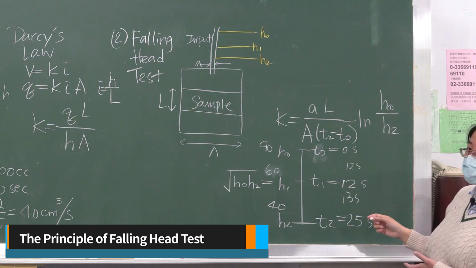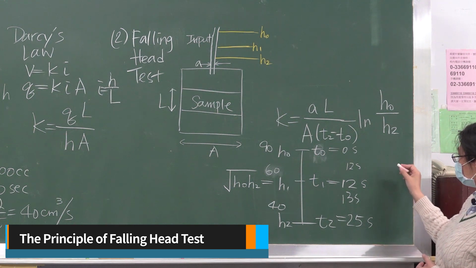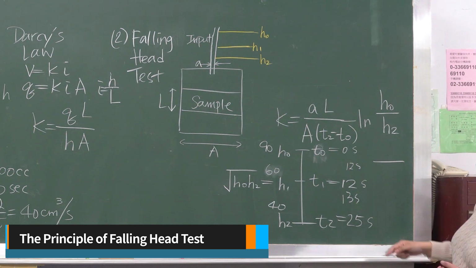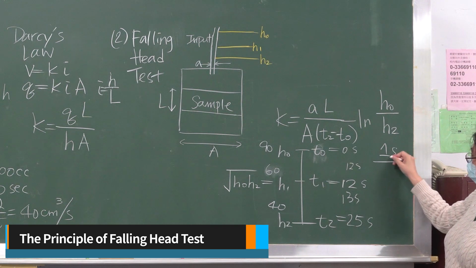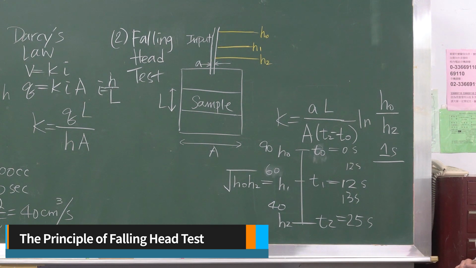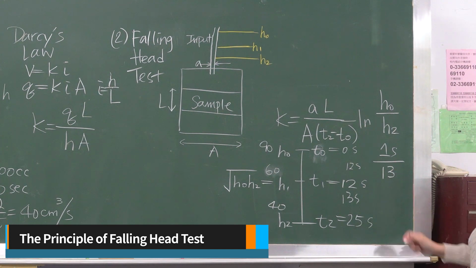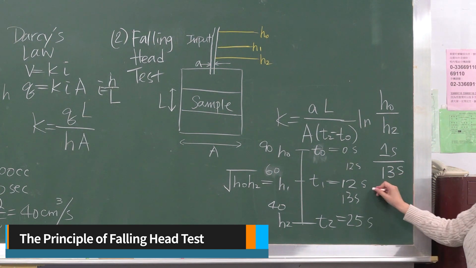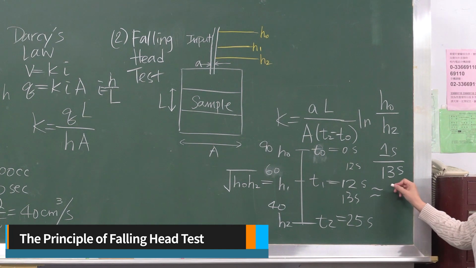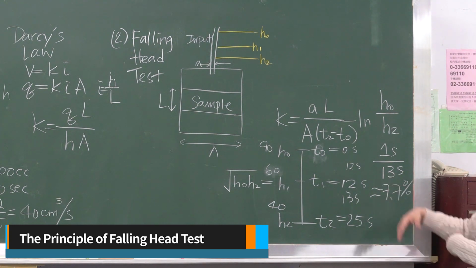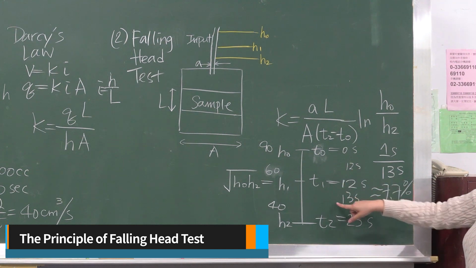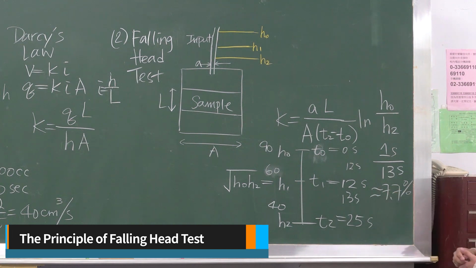In order to evaluate the measurement error, we use the difference in time, which is 1 second, divided by either 12 or 13. Let's say we use 13, then you would obtain roughly 7.7% error associated with the time for the head to drop in the upper portion and the lower portion of the specimen.